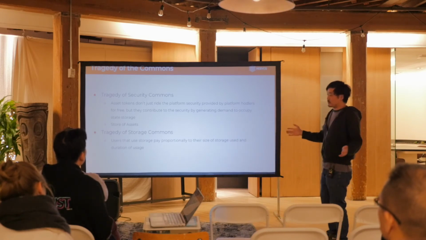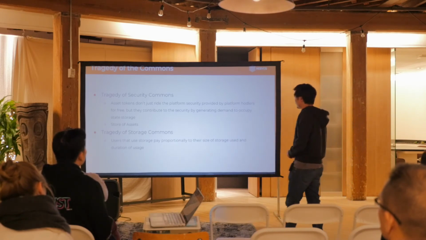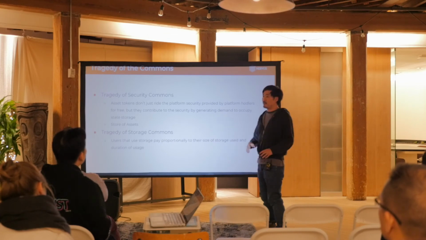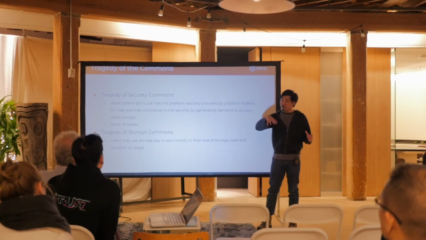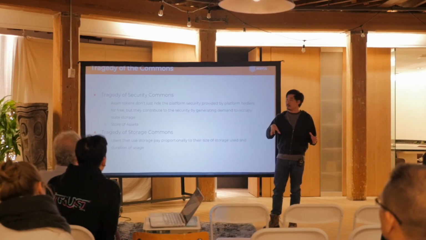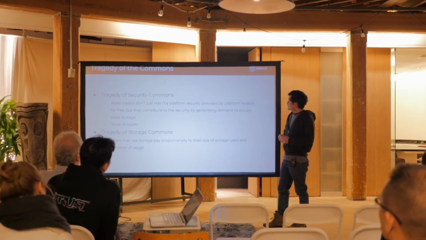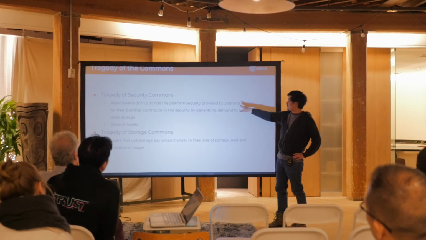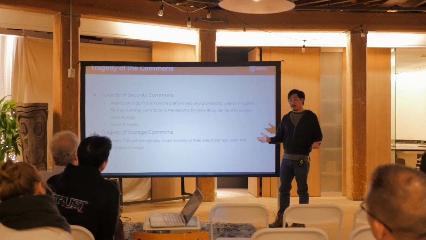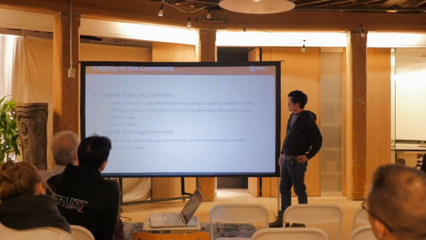Now, okay, transitive commons. Here we're talking about two types of transitive commons. One is security commons, where you have asset tokens riding on top of the security that the platform token owners provide. In our system, asset tokens don't just ride the platform security provided by platform hodlers for free, because these holders could be diluted, as in Ethereum.